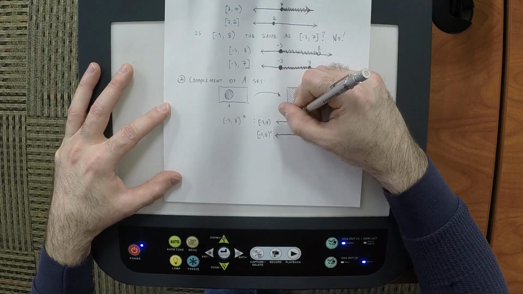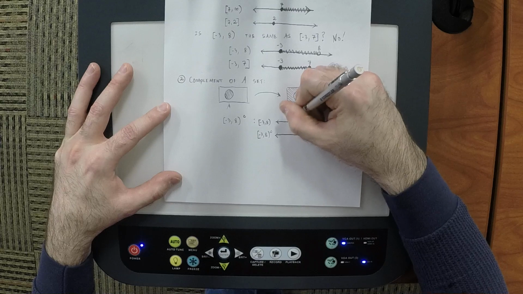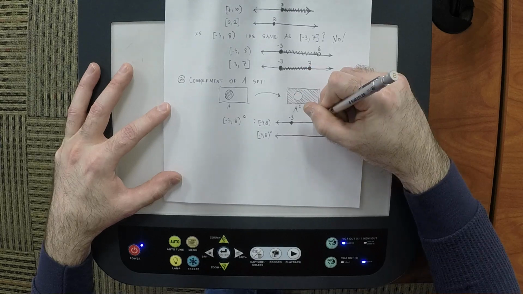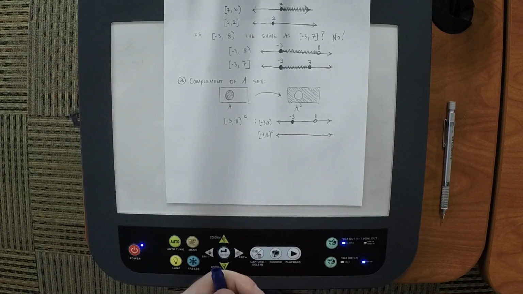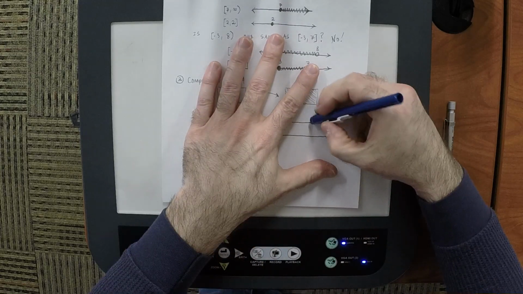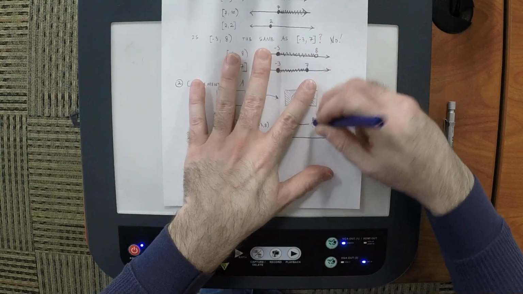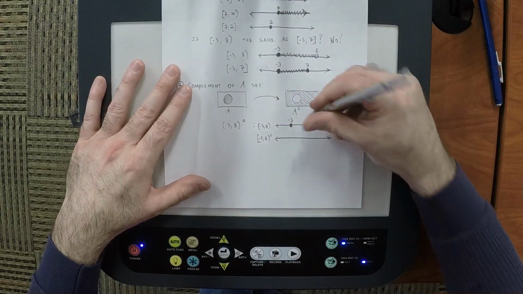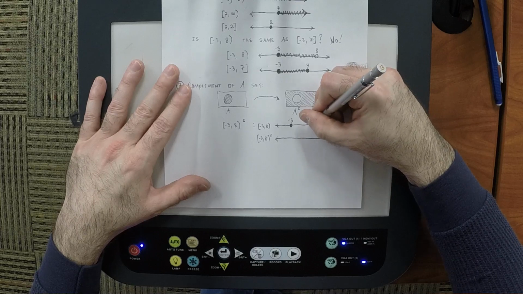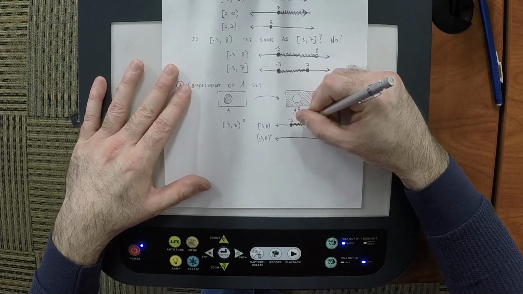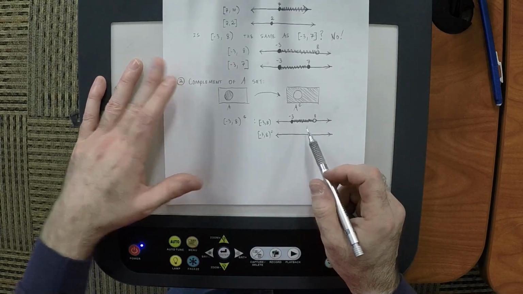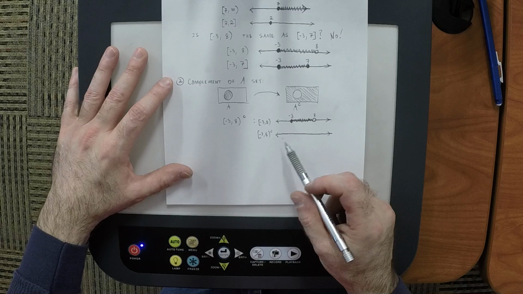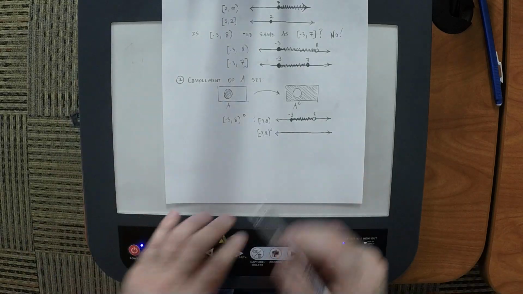So for this one, this would be -3 to 8, like so. So that's -3 to 8. So what would -3 to 8 complement be?